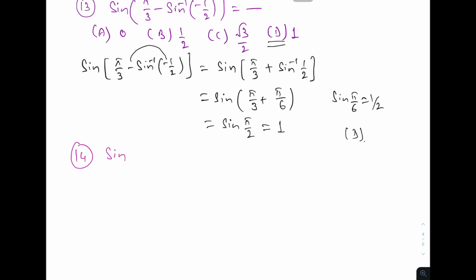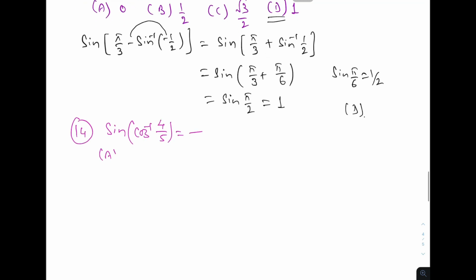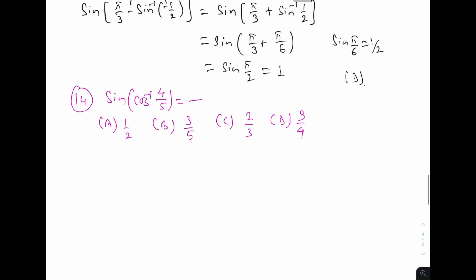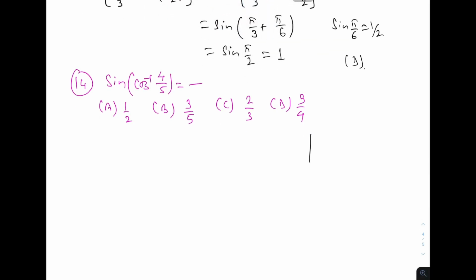Question is sine of cosine inverse 4 by 5 is blank. Options are 1 by 2, 3 by 5, 2 by 3, 3 by 4, and we know this is very easy. We have solved so many times such examples.